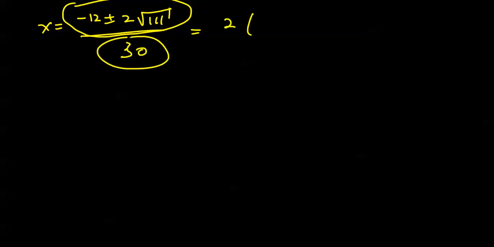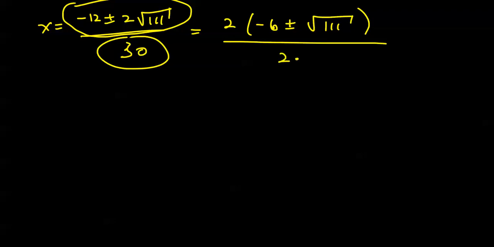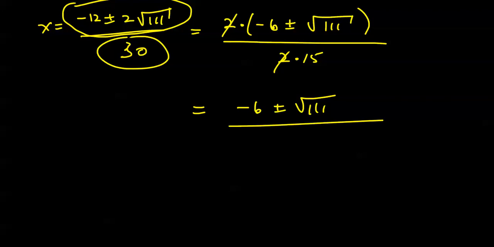So I can say the numerator is going to be 2 times minus 6 plus or minus the square root of 111, factoring a 2 out for the numerator. And downstairs 30 is 2 times 15, and these are both products, so yes, I can cancel those 2s out now, and I think I've gone as far as we can go in this problem. My final answer would be minus 6 plus or minus square root 111 over 15.